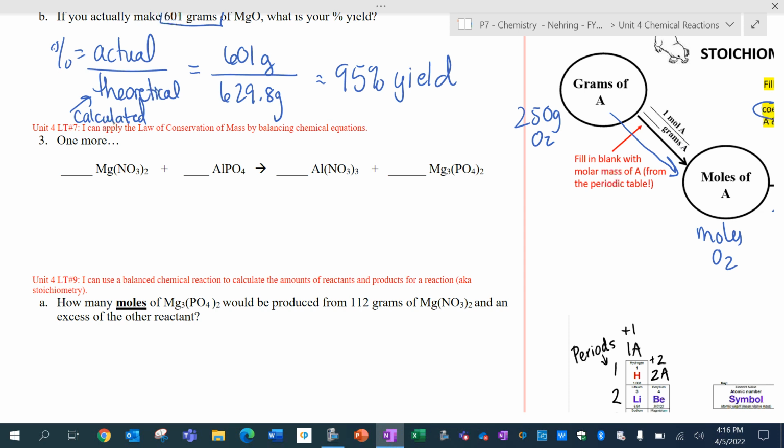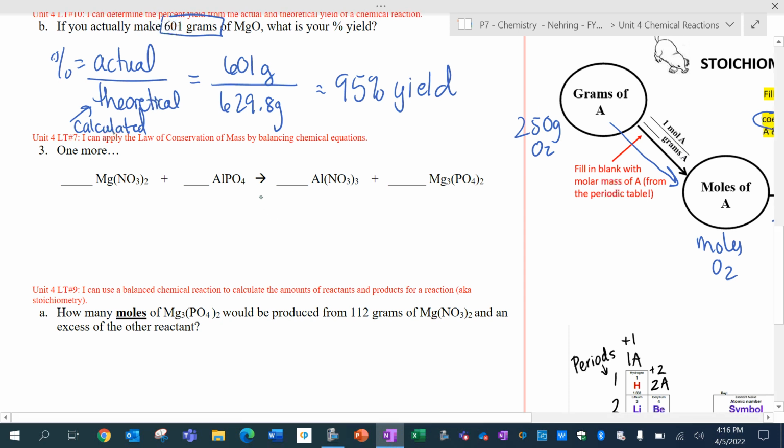One more balancing. Let's take a look at this one because there's another trick we can think about with balancing. Remember that if you see a polyatomic ion, it can make your life a lot easier if instead of breaking the NO3 down into N's and O's and counting those separately, we just treat it as one object. So I'm going to count the number of NO3s. I'm going to do the same thing with my phosphates, PO4.